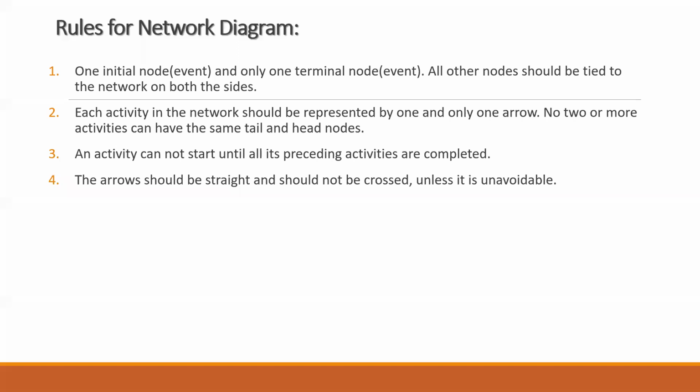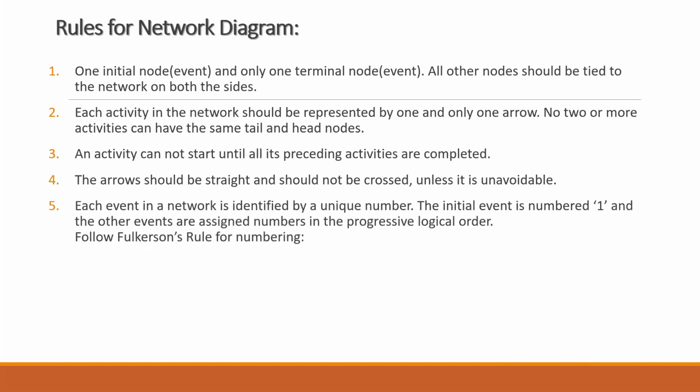Otherwise, please try to avoid crossing the arrows. Do not put crisscross arrows at all. It should be a straight line or a straight arrow. Again, if you have crossed two arrows, and if I know it could have been avoided, then marks will be deducted.